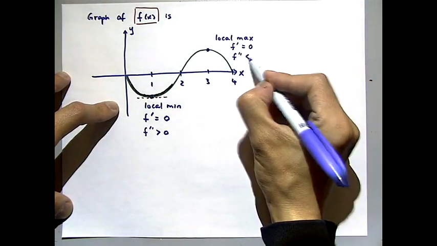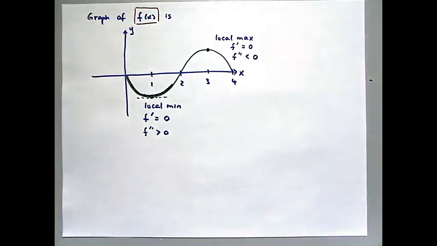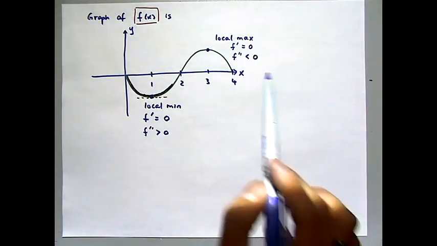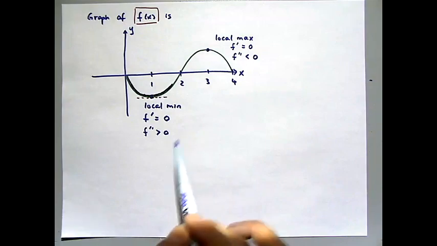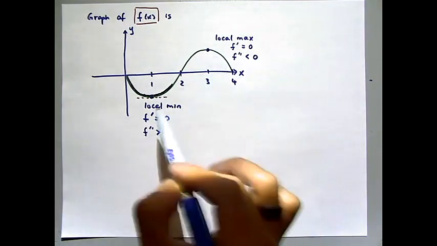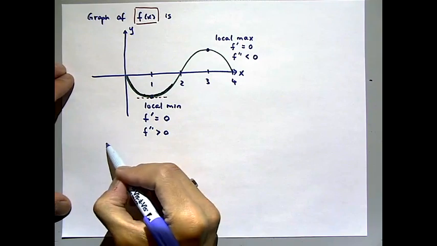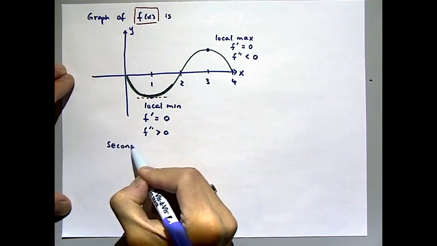So f double prime is less than 0. So this is telling us that if we can find the critical numbers and if we can find out what the sign of the second derivative is at the critical numbers, that's another way for us to tell whether we have a local max or a local min. And this is called a second derivative test.